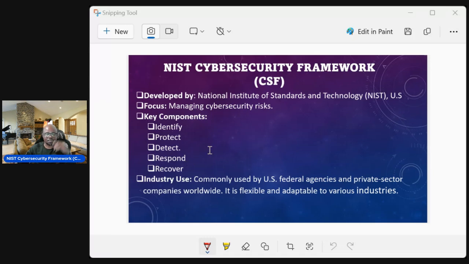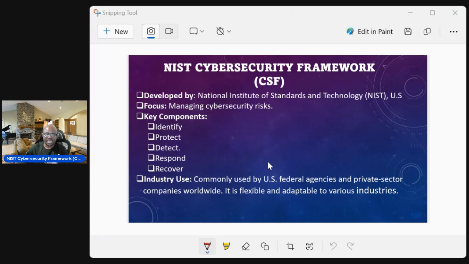Tier number 1 is partial. The characteristic of this tier is that cybersecurity risk management is informal. They are reactive and lack formal process. The organizations lack awareness of cybersecurity risk or only address them as needed. So that is tier 1. Their cybersecurity maturity level is partially implemented.